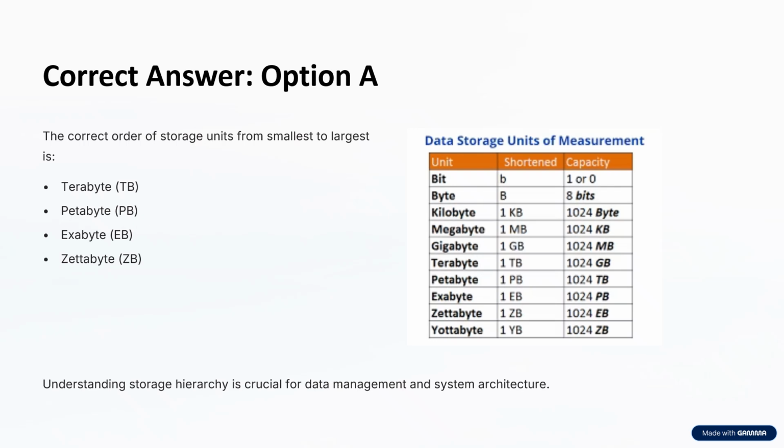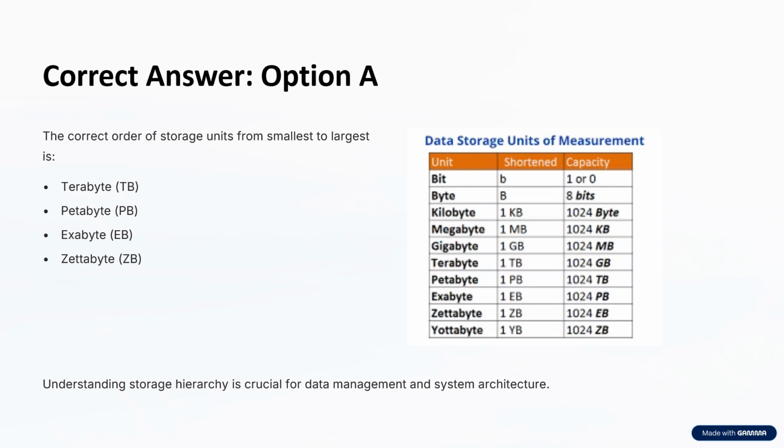In this table, understanding the storage hierarchy is crucial for data management and system architecture. The first is the bit. Bit stands for binary digit. The capacity of a binary digit is that it is either a 1 or a 0. Then the second is the byte. A sequence of 8 bits together we call a byte.